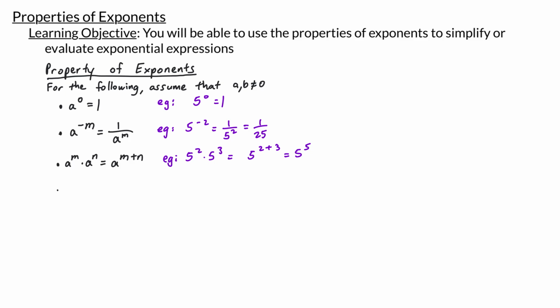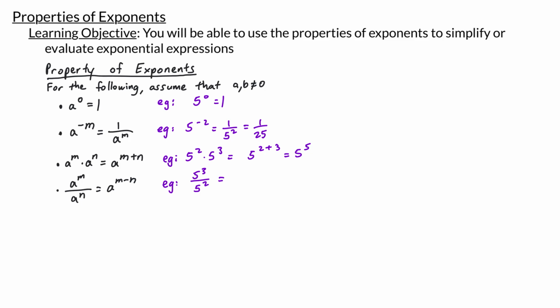Our next property is similar to our previous one. If we have a to the power of m, this time instead of multiplying, if we divide by a to the power of n, then we can combine these expressions together into a single exponential expression, a to the power of m minus n. As an example, let's say we have 5 to the 3rd power divided by 5 squared.